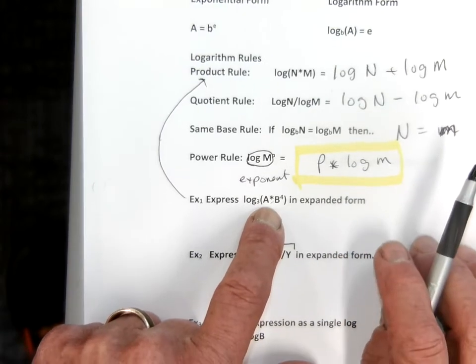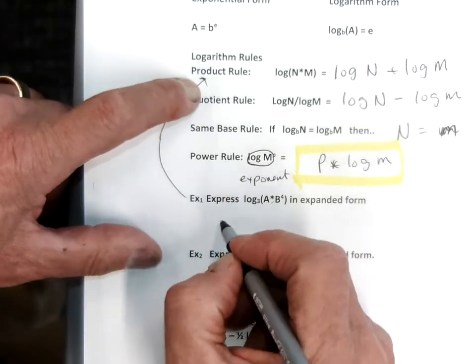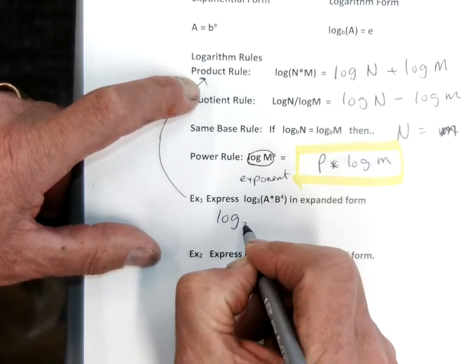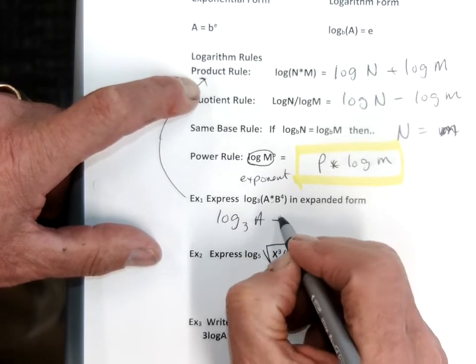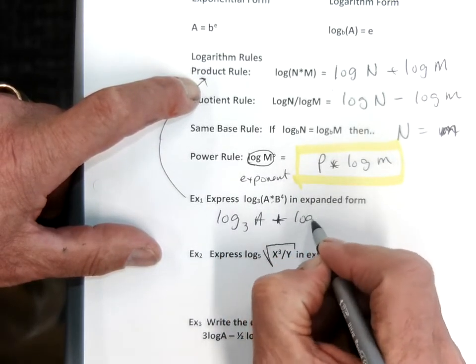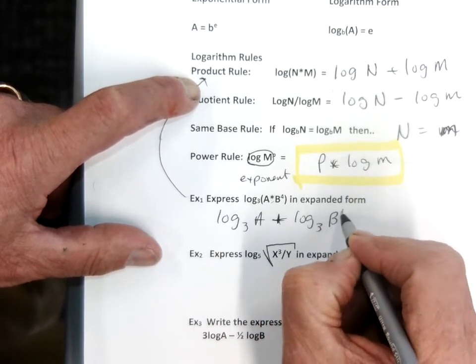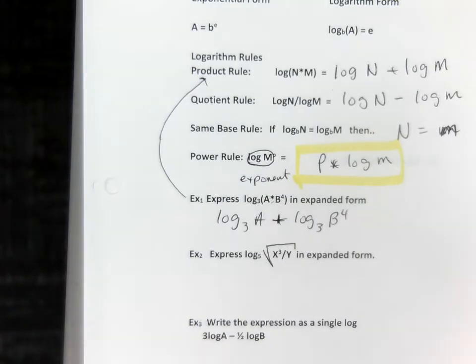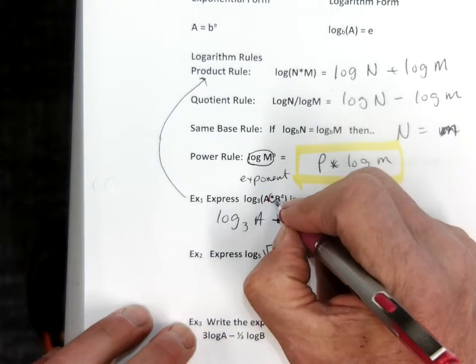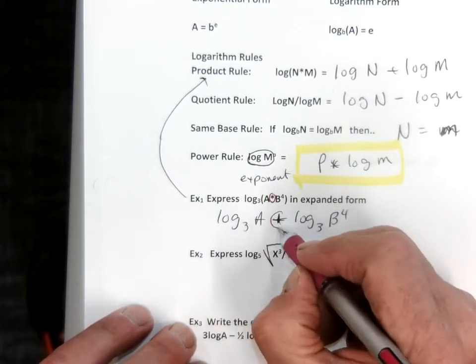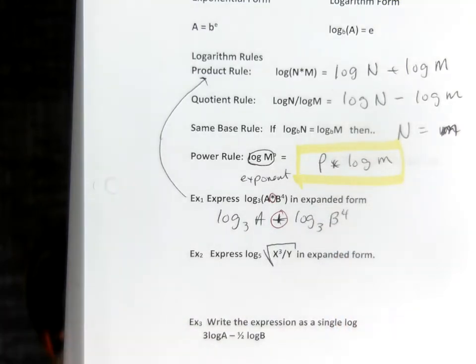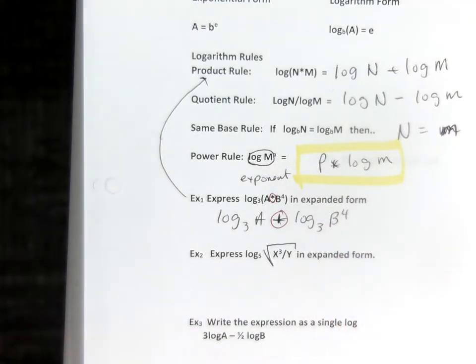All right, log base 3 of a plus log base 3 of b to the 4th. And I'll highlight what I just did. I used the product rule right here. Because of times, I separated them by plus.